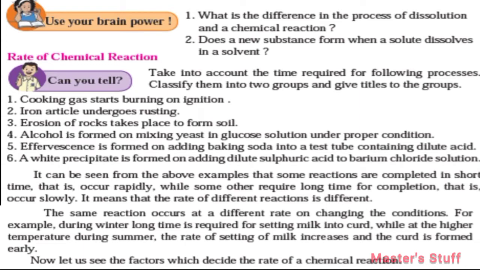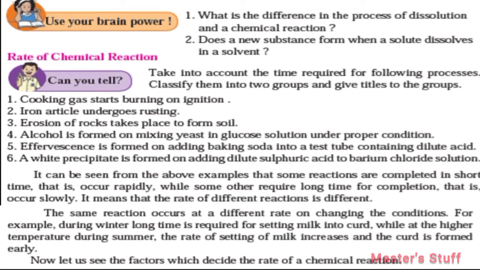Slow process. Fourth, alcohol is formed on mixing yeast in glucose solution under proper condition. Slow process. Fifth, effervescence is formed on adding baking soda into a test tube containing dilute acid. Rapid process.